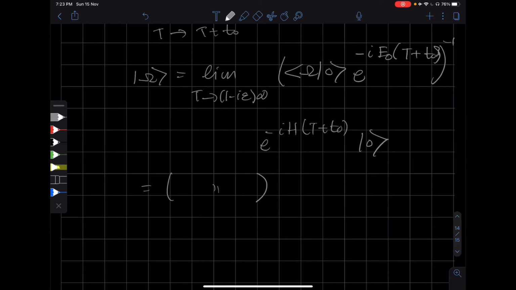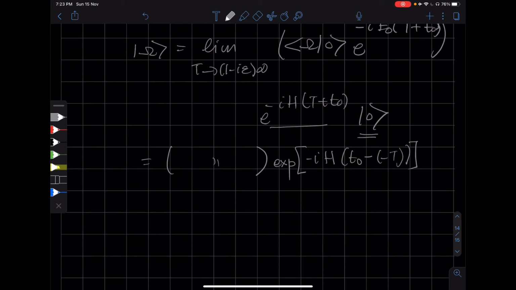And then we can write this thing as an exponential of −iH from t0 minus of big T. And then remember that the free vacuum is an eigenstate of H0 with eigenvalue 0, and therefore we can multiply the free vacuum by an exponential factor which involves the free Hamiltonian.